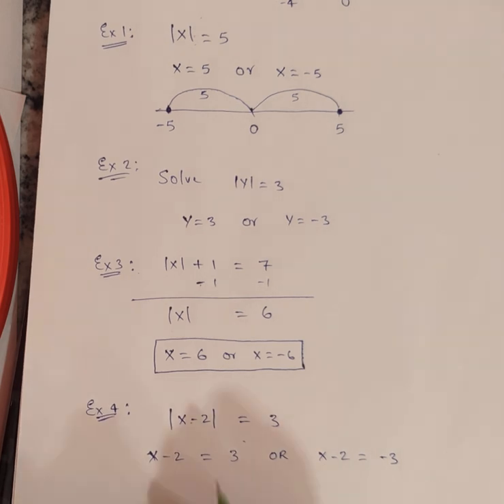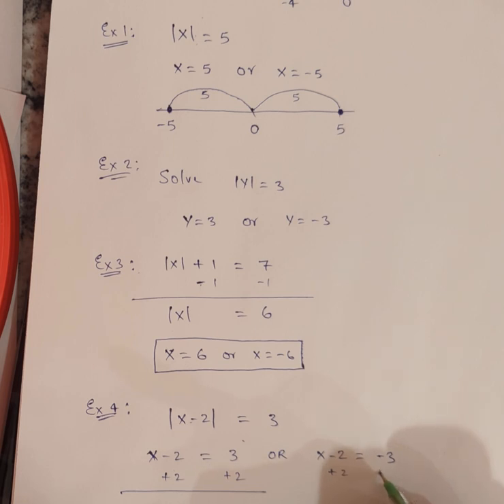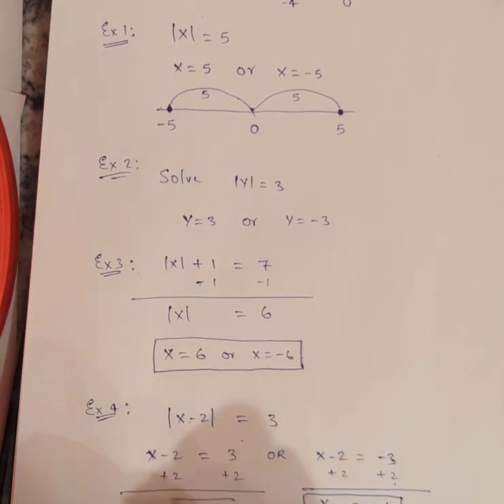How do we solve that? We just add 2 on both sides. So you get x equal to 5. That's one solution. Or again, adding 2 on both sides, I get x equal to negative 3 plus 2 is negative 1. So notice both of these are our answers.